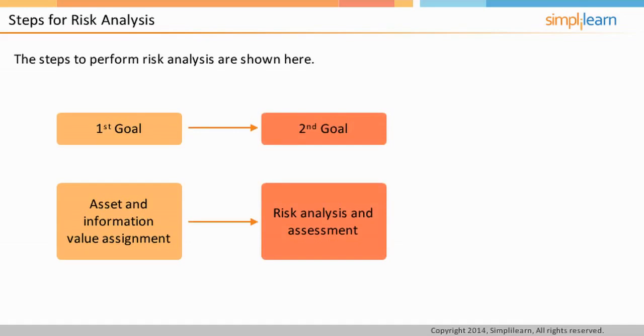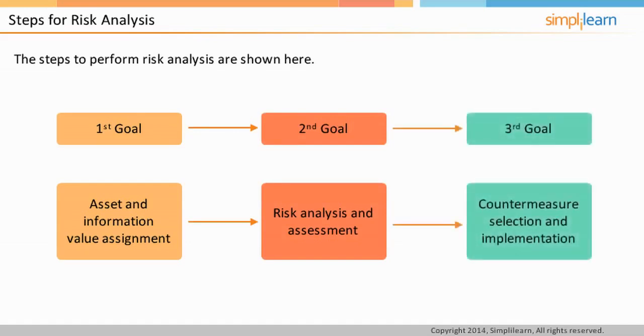This step is called Risk Analysis and Assessment. Finally, the company needs to appraise and compare the cost of the safeguards. These steps and the resulting information enable management to make the most intelligent and informed decisions about selecting and purchasing countermeasures. This step is called countermeasure selection and implementation. Let us proceed to the next screen to understand information and assets valuation.